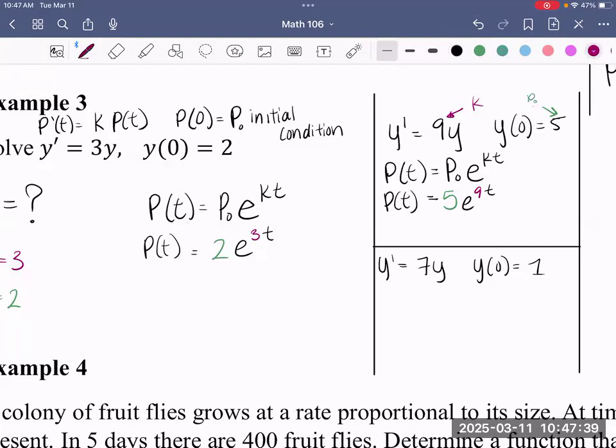And one more time, we have k, we have P naught, P of t is equal to P naught e to the kt. Therefore, we have 1, or your ghost 1, it doesn't matter, e to the kt.